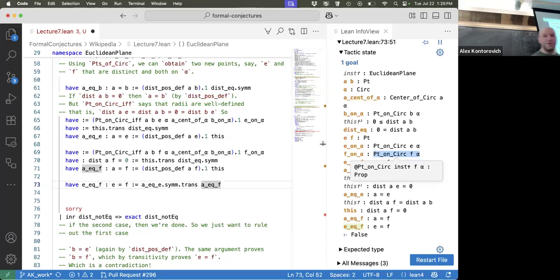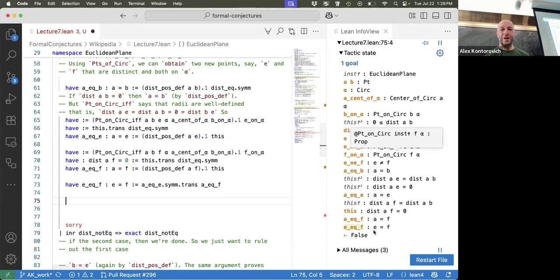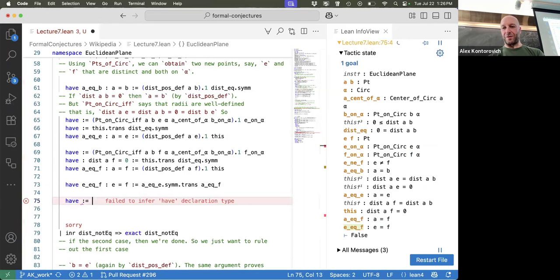Okay. So now we know that E is equal to F, and we're trying to prove false. And we also know that E is not equal to F. How do we get false out of that? Remember that, what's it called?